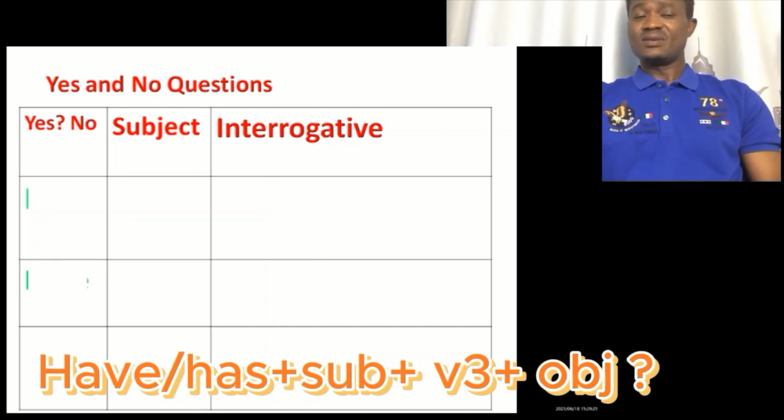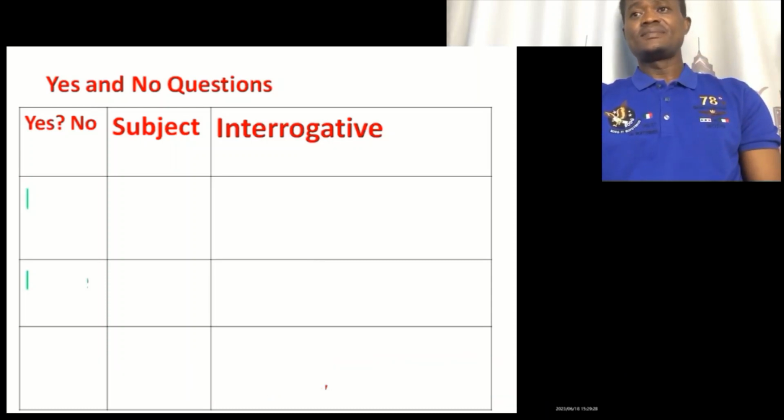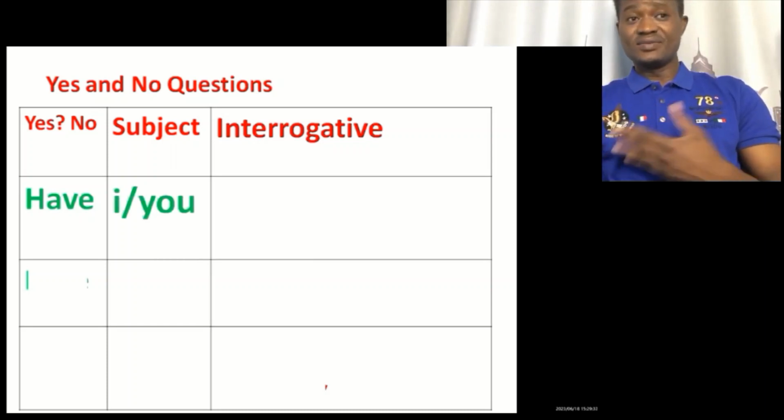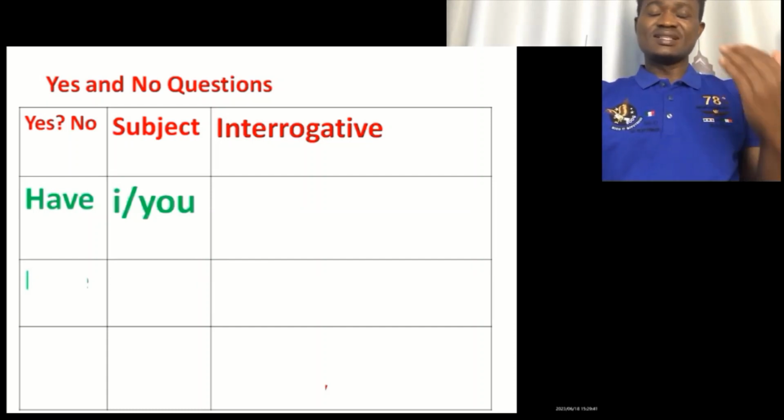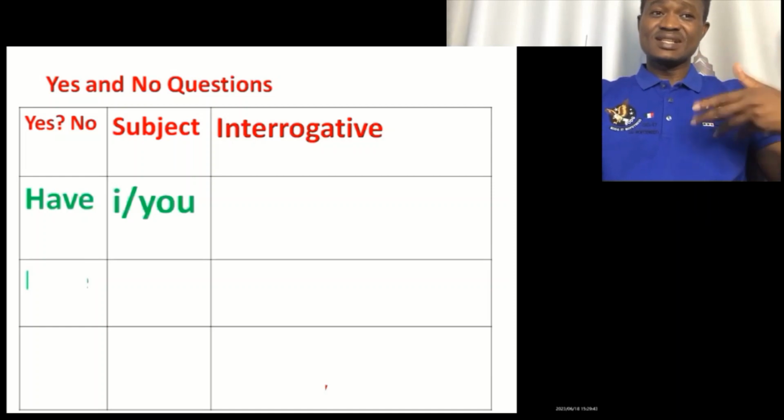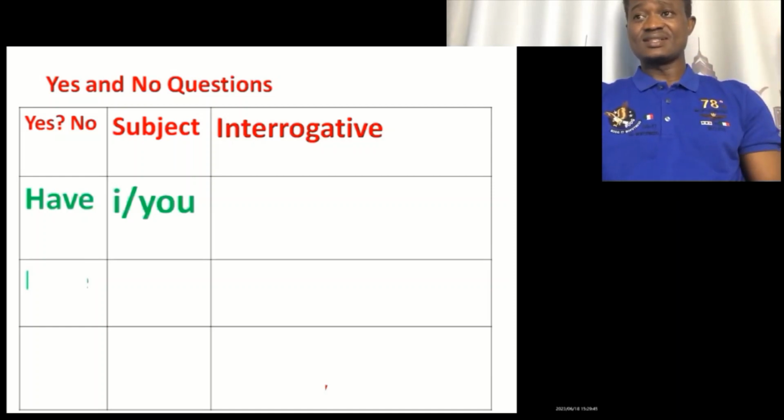Have. So the subject is what? I and you. That's the subject, so have is the auxiliary verb. Let's try to use it in the interrogative, the question sentence.